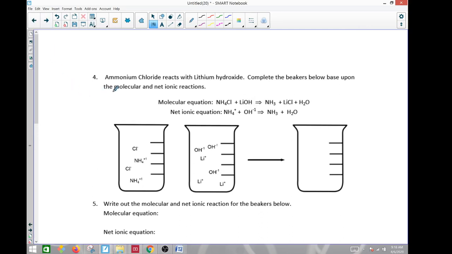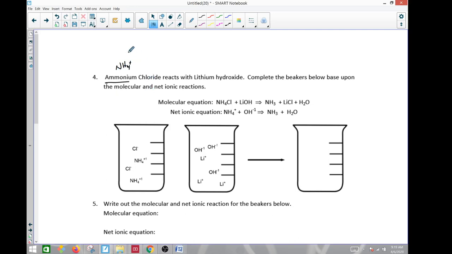All right, ammonium chloride reacts with lithium hydroxide. Complete the beakers below based on the reaction. Okay, so ammonium, which is NH4 plus, is a very common substance. It's in your houses, especially.